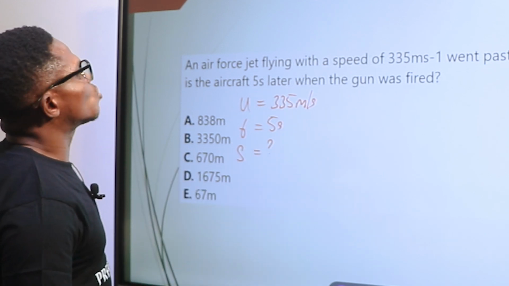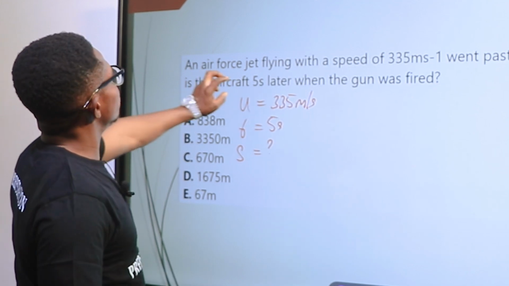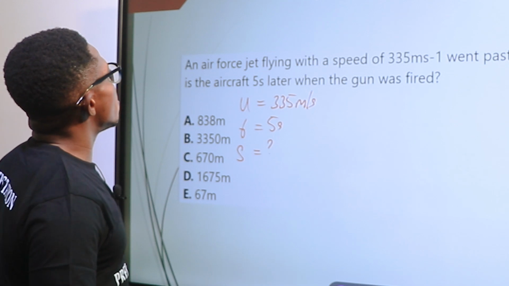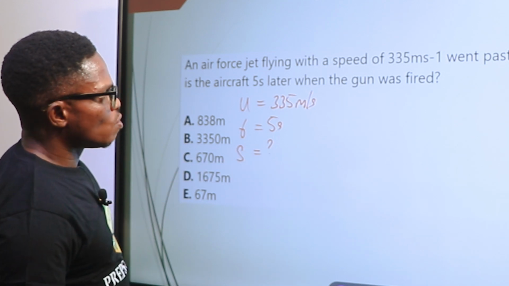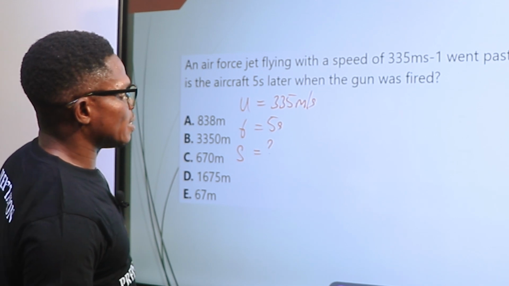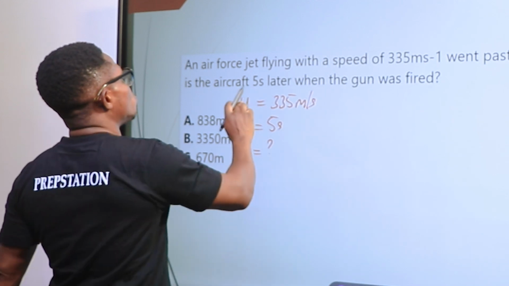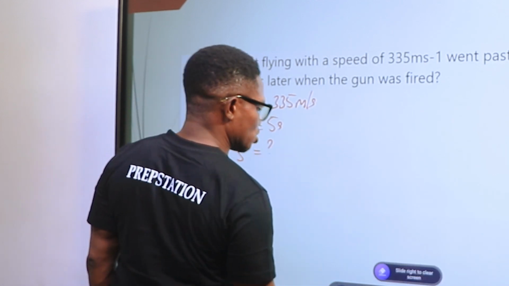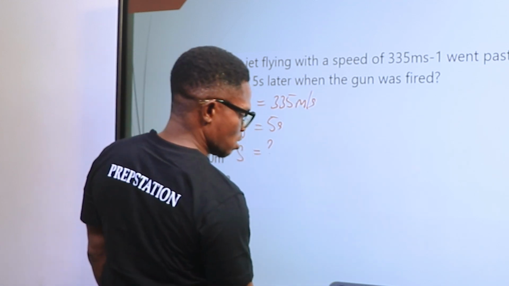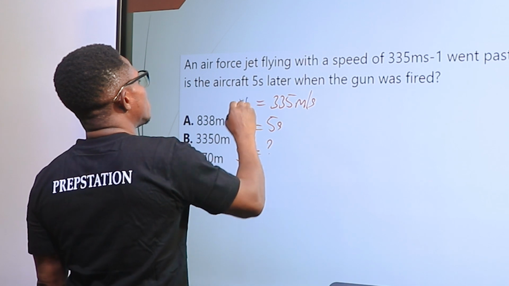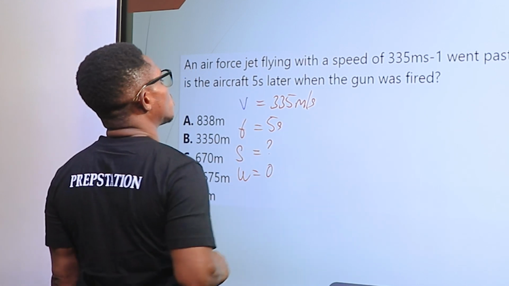There's something else we need. We have velocity, we have time, and then what else? We are looking for distance. How far is the aircraft? So this should be V, the final velocity, and then we have U equals the initial velocity, 0.